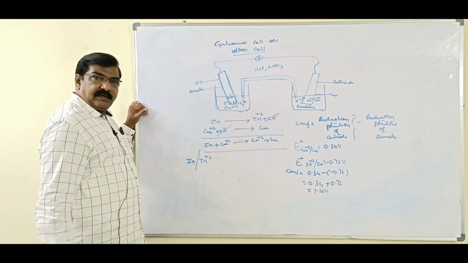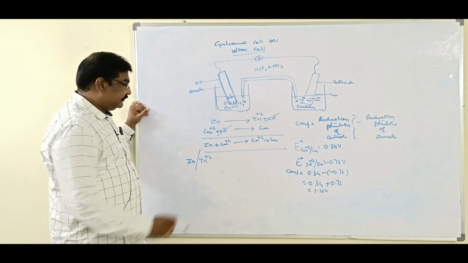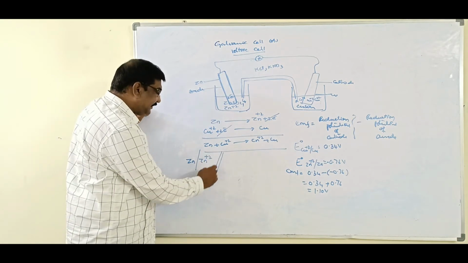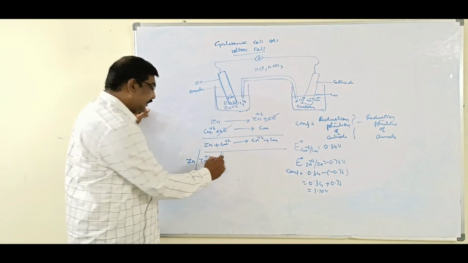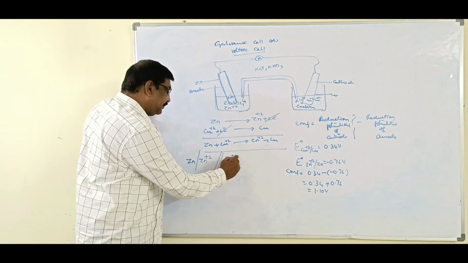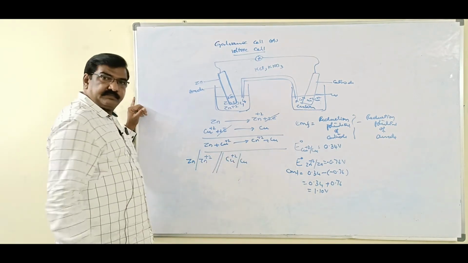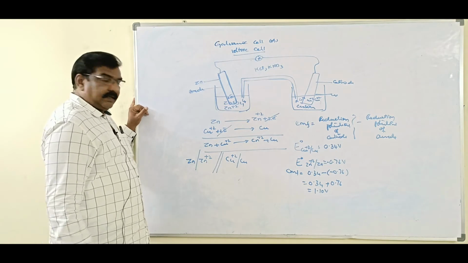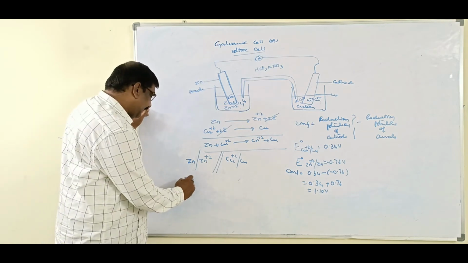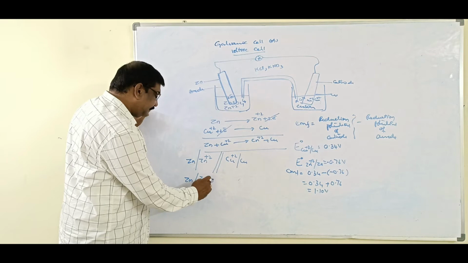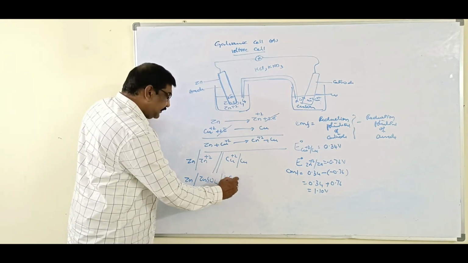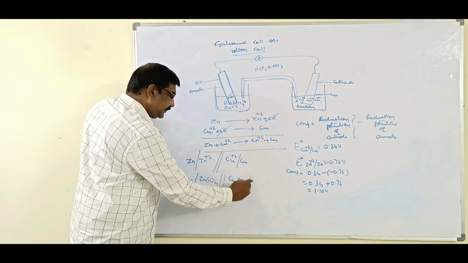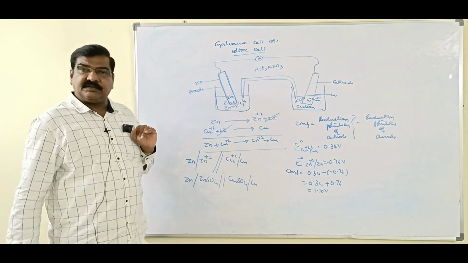It is the anode. Two parallel lines represent the salt bridge. You have to draw two lines. And the cathode reaction is Cu plus 2 to Cu. It is also represented like this: Zn oblique Zn SO4, salt bridge, Cu SO4 Cu. This is the IUPAC notation.